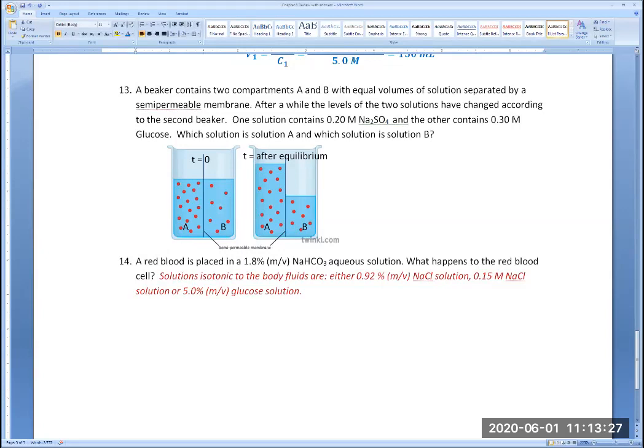After a while, you see that the levels of the 2 solutions have changed according to the second beaker to the right, labeled after equilibrium.